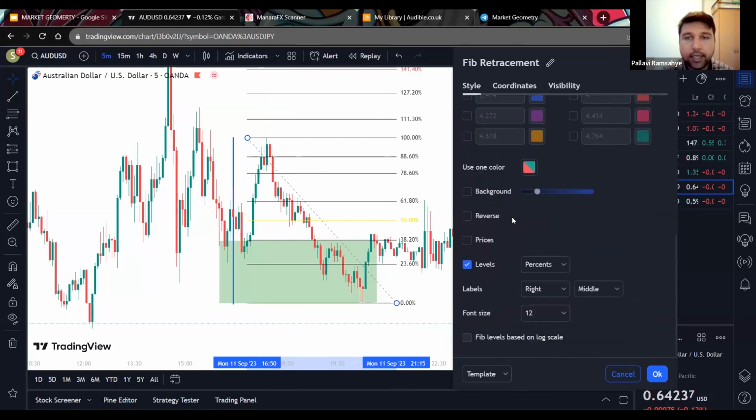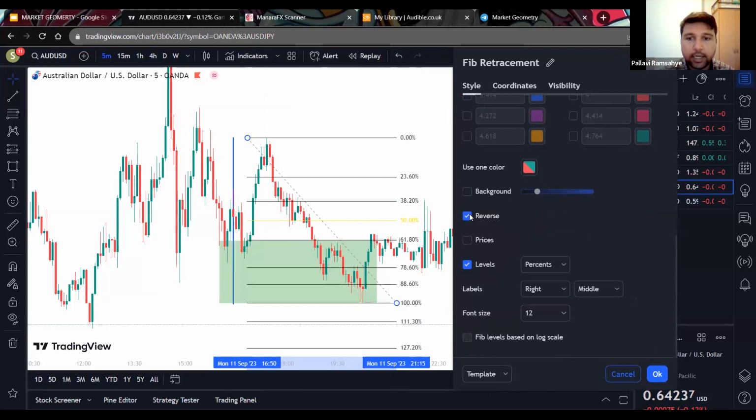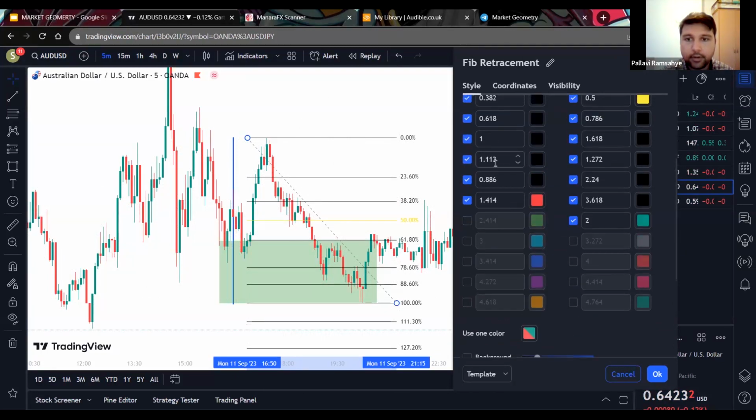An easy way that I do this, you can do it the traditional way, but I usually just click this button right here and it reverses it, right? Because what you're looking for is the C move, which instead of retracing upward, will come down for this move.